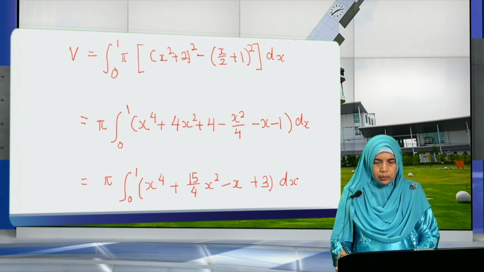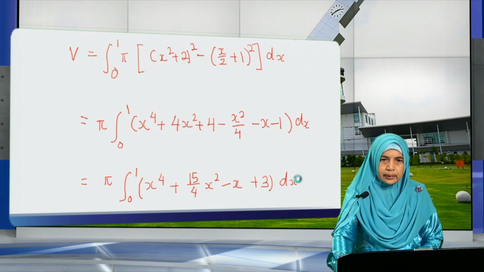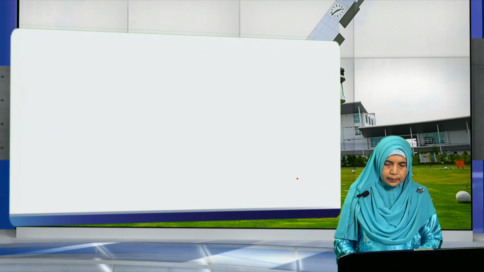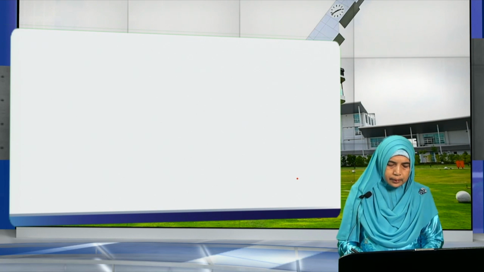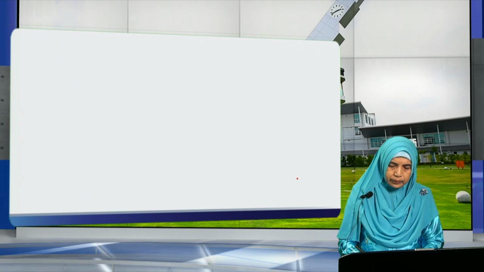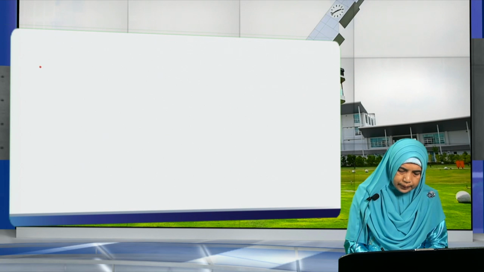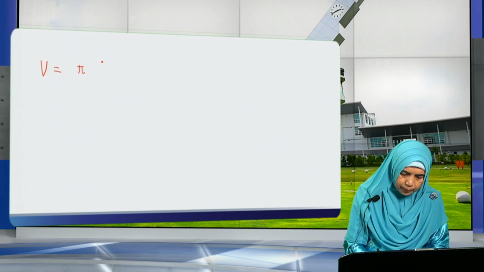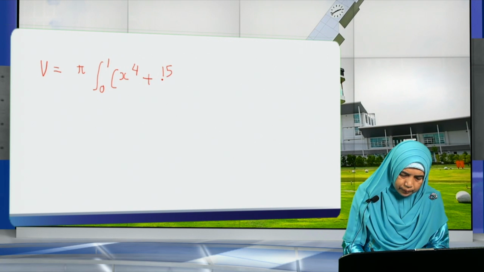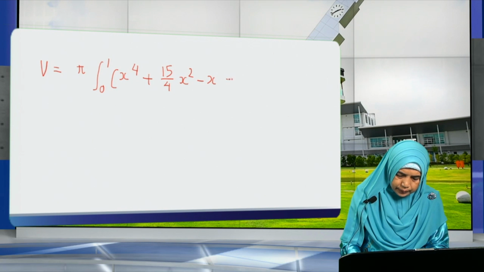So we will then integrate that result. Just repeating what we have got just now, V equals pi times the integral from 0 until 1 of x to the power 4 plus 15 over 4 x squared minus x plus 3, with respect to x.